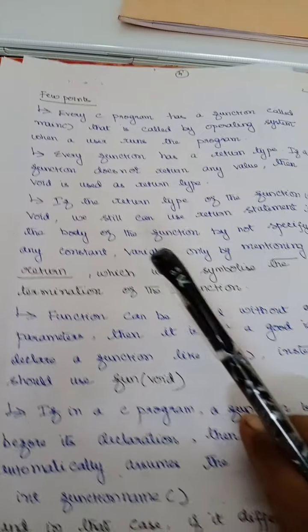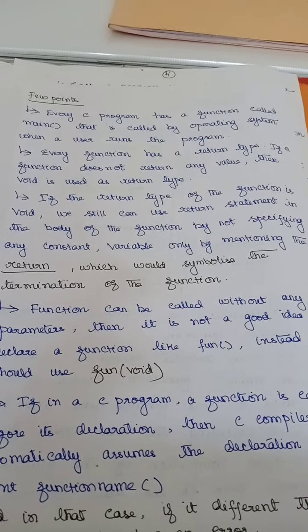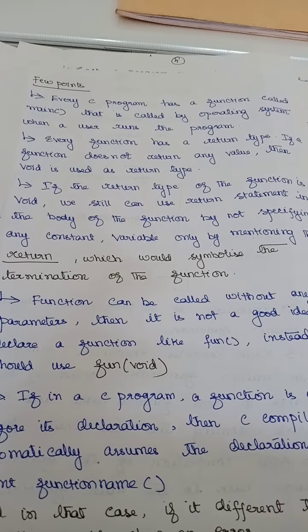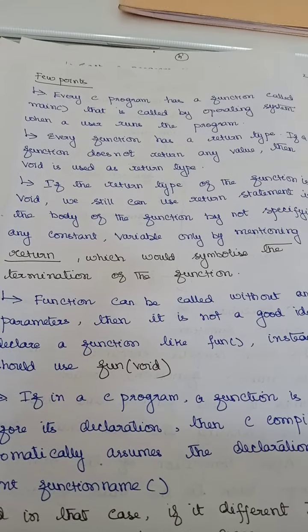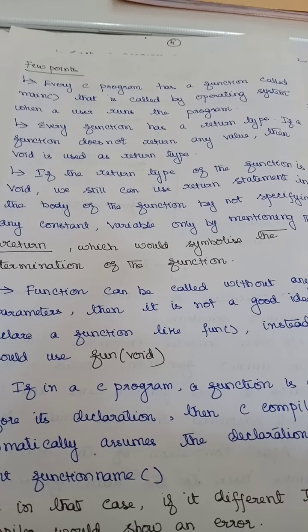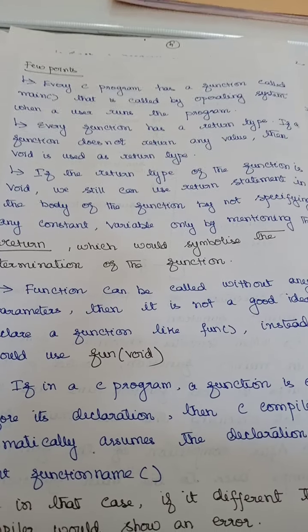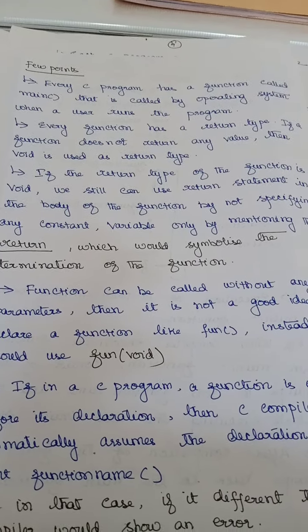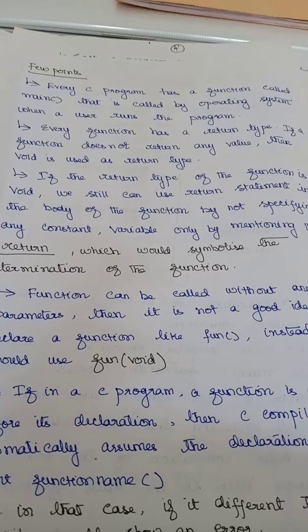So these are the few points that you need to know, right? The points related to the function are: every C program will have a function, and that function you are going to call main, and that is where the execution starts, right? And every function will have a return type.